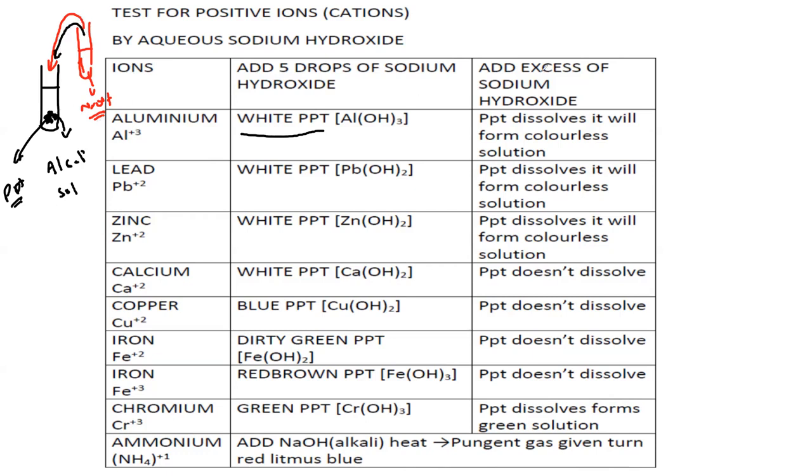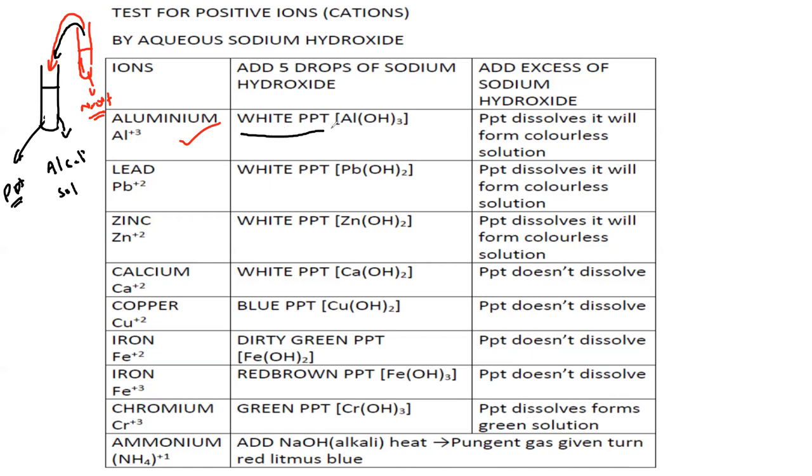We'll observe the precipitate dissolve and form a colorless solution. So this gives an idea that maybe this solution contains aluminum ion.